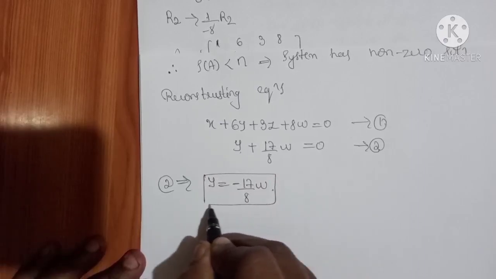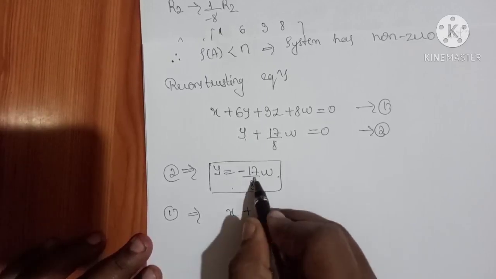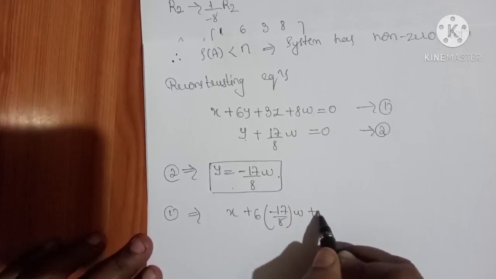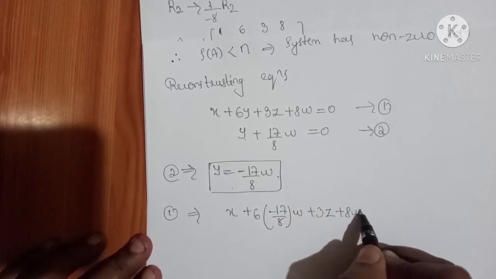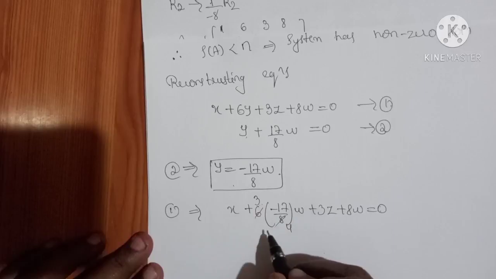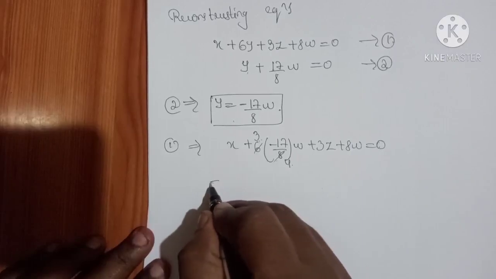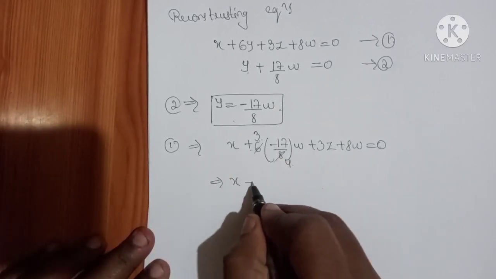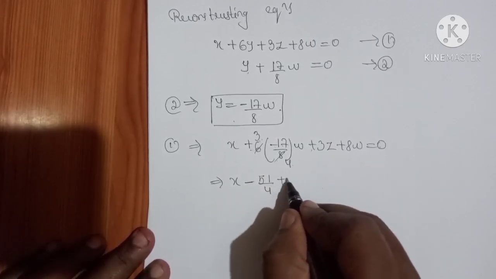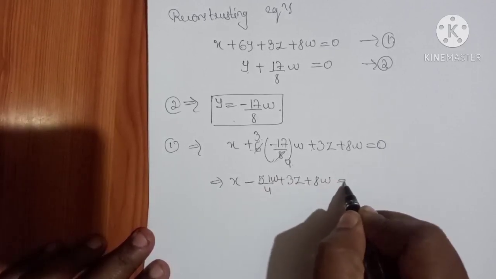Now substituting this value into equation 1, equation 1 implies x plus 6 into minus 17 divided by 8 into omega plus 3z plus 8 omega equals 0. Simplifying, we get x minus 51 divided by 4 omega plus 3z plus 8 omega equals 0.